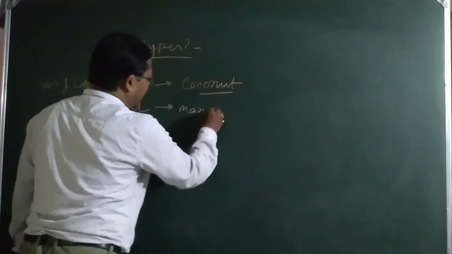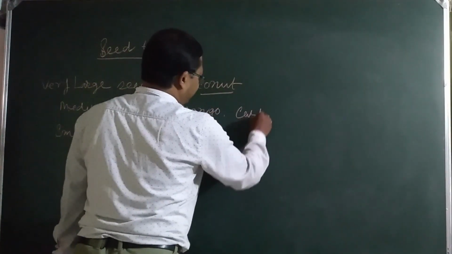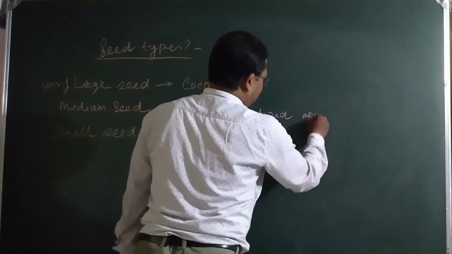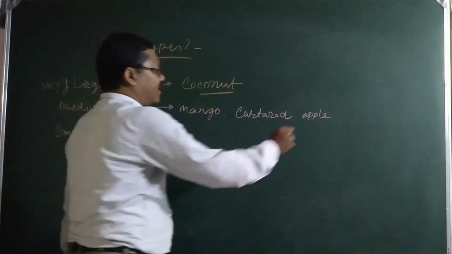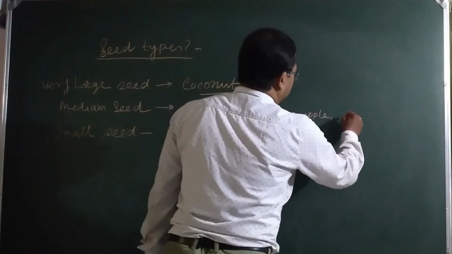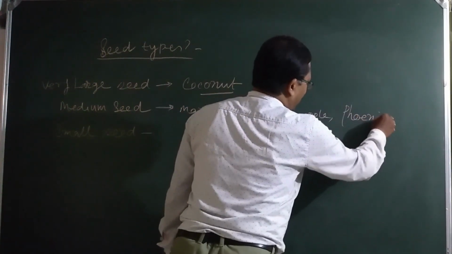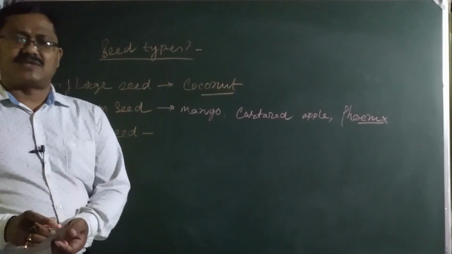It is large also. Mango seed, or custard apple seed, is a medium sized seed. Another is Phoenix sylvestris, the date palm, also a medium sized seed.